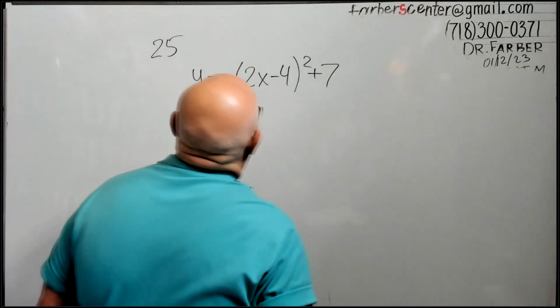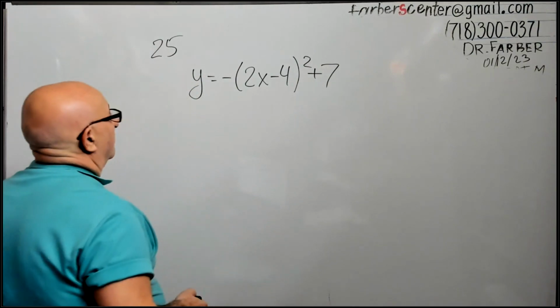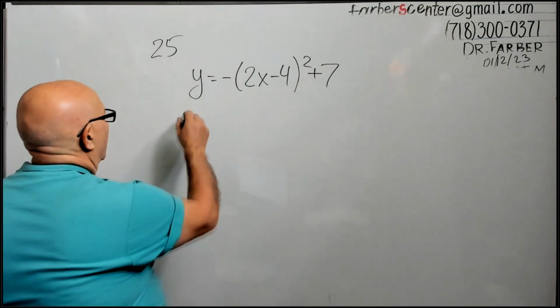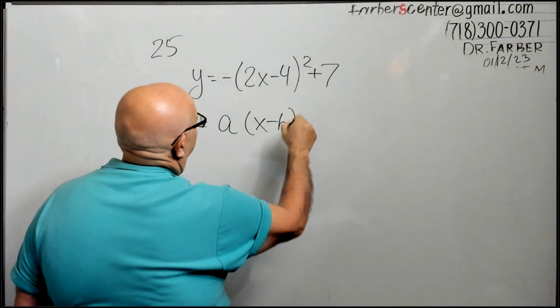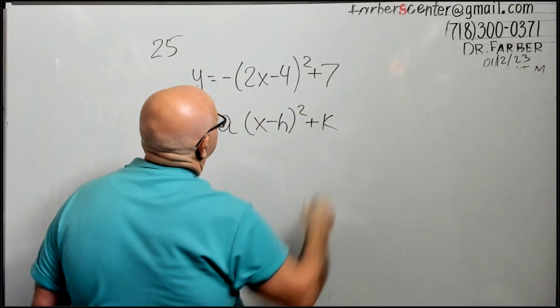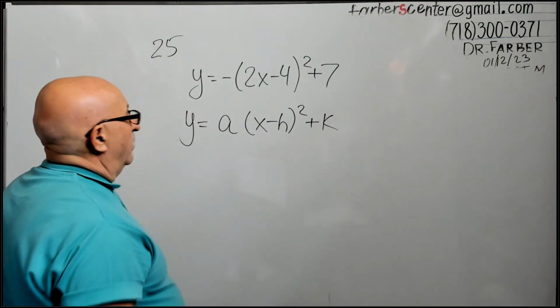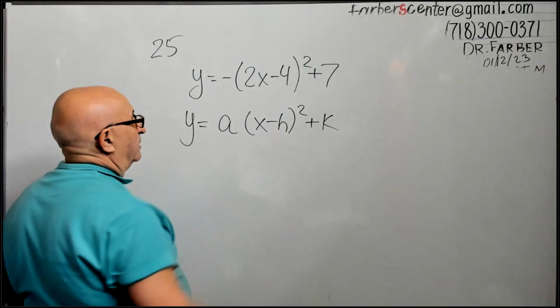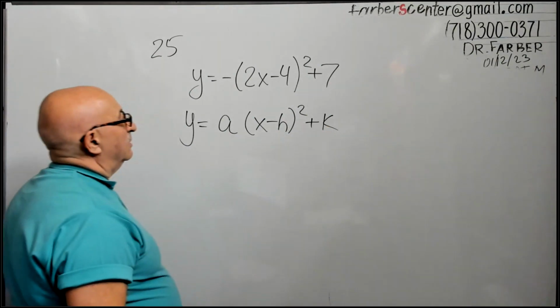Well, remember what we did today. If you write the canonical equation of an inverted parabola, y equals a times x minus h to the second plus k, where h is the x coordinate of the vertex and k is the y coordinate of the vertex.